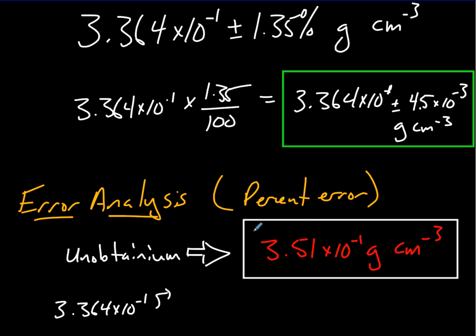If it's above it, boom, we're within a fair range, right? The range that we're suggesting is where the true value falls. So what we're going to do is take this value and multiply it by 1.0135, and we'll see what we get. So what we're doing is taking this value and adding on to it the 1.35%.